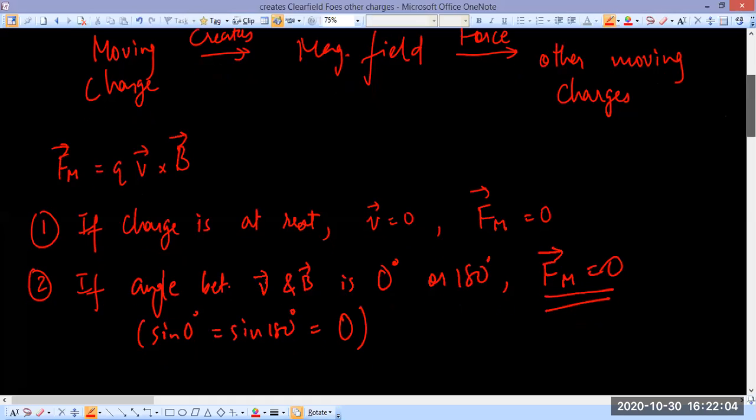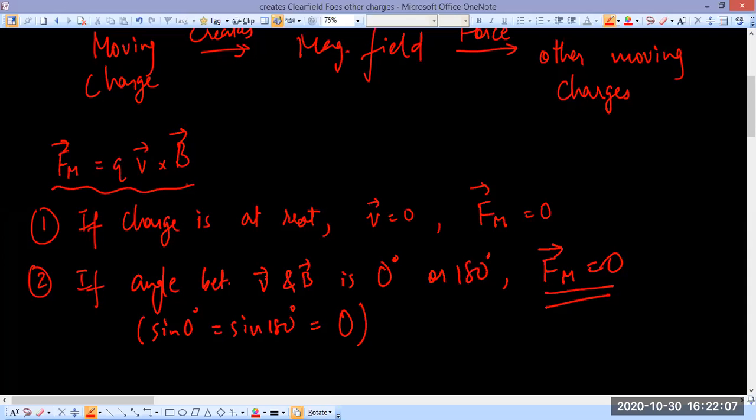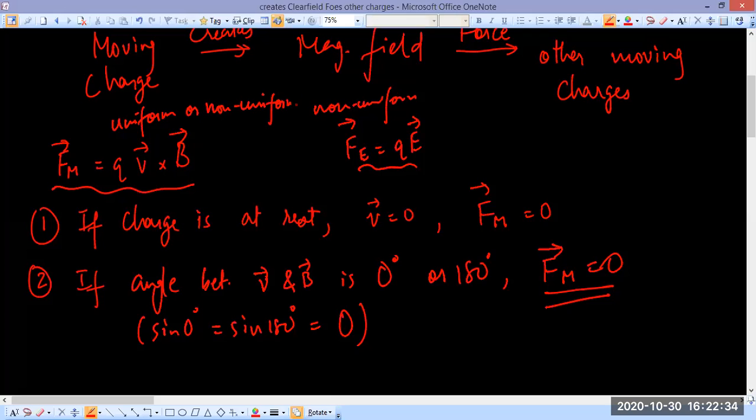Okay, this formula is to be used just like the electric field force formula. It works even if the field is non-uniform. Similarly, this also works whether it is uniform or non-uniform, both. It doesn't matter, it is a general formula.